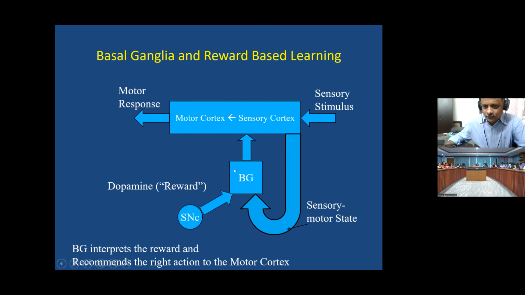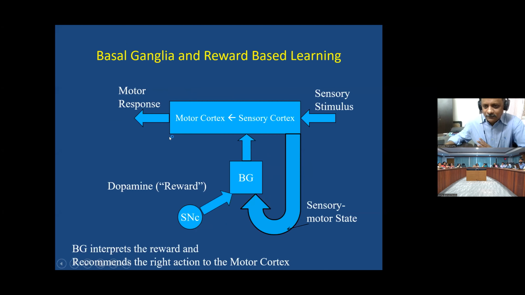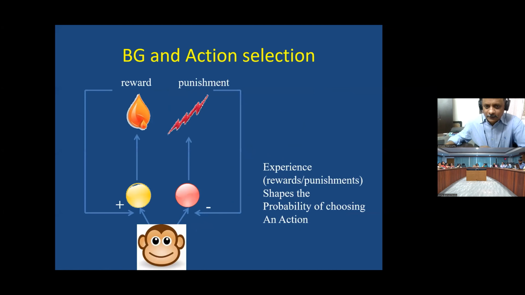Motor cortex tells you what is the response or what you have just done in response to that stimulus. Then the signals from the substantia nigra, a dopamine signal, which carry reward to basal ganglia, they tell you what you have done, is it a good thing or a bad thing, right? So all these three signals meet in basal ganglia, just like all these three things meet in this box. So you can easily guess that basal ganglia could indeed be involved in reinforcement learning.